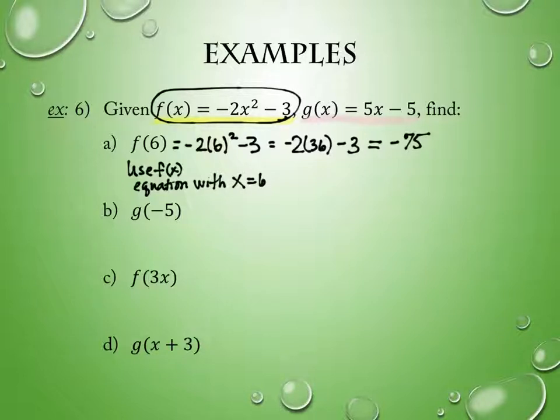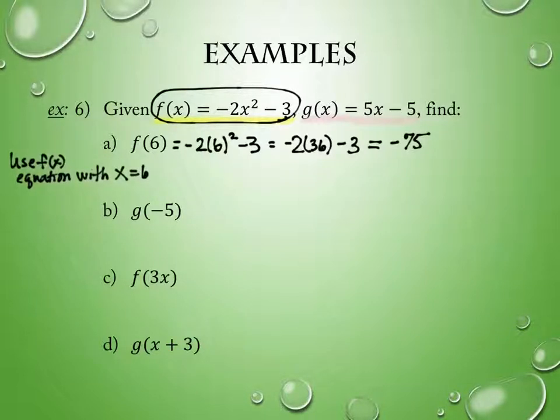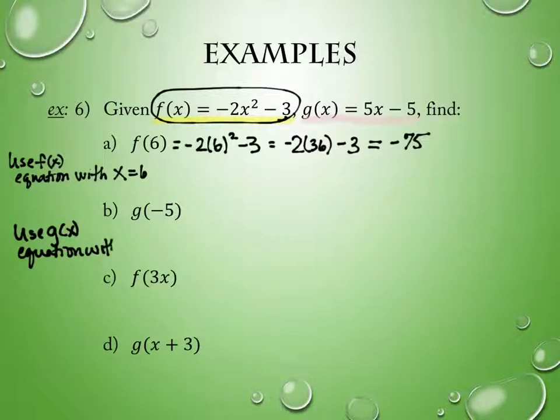So if this idea is written down again on part B, what is part B telling me to do? To use the g of x equation with what? Right, with x equals negative 5. So that's the other equation at the top that I've highlighted or underlined in pink.